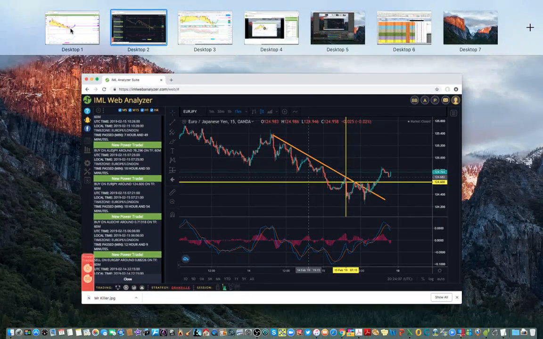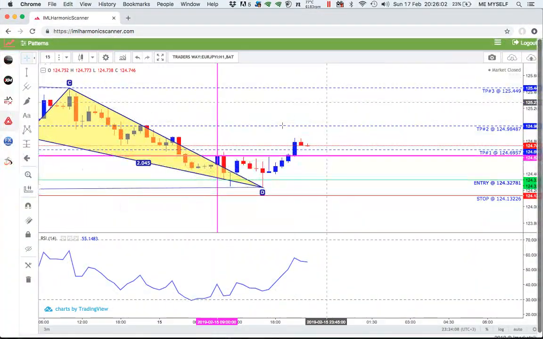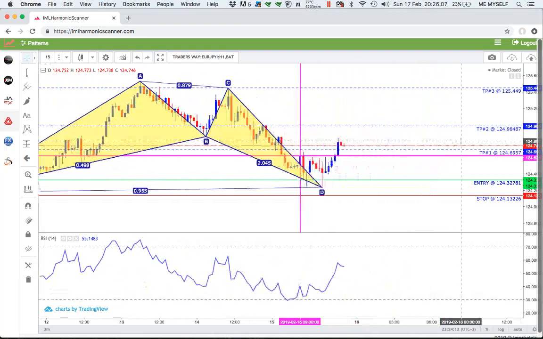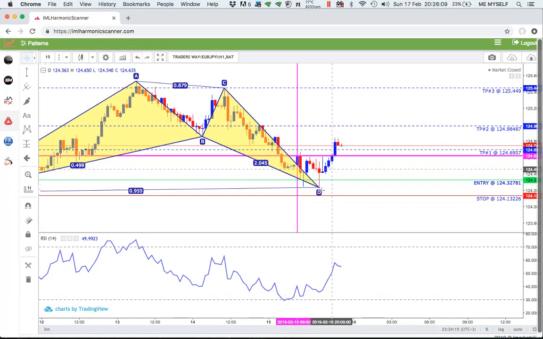The next thing is you want to just go to take profit, just go to TP1 and call it a day. No need to be greedy. Just be happy with your TP1.